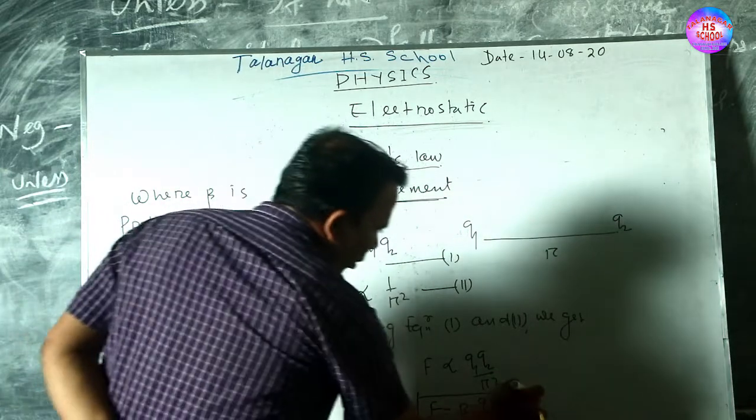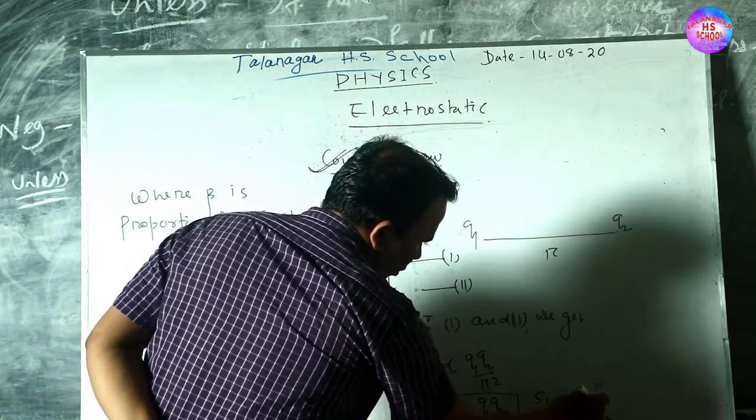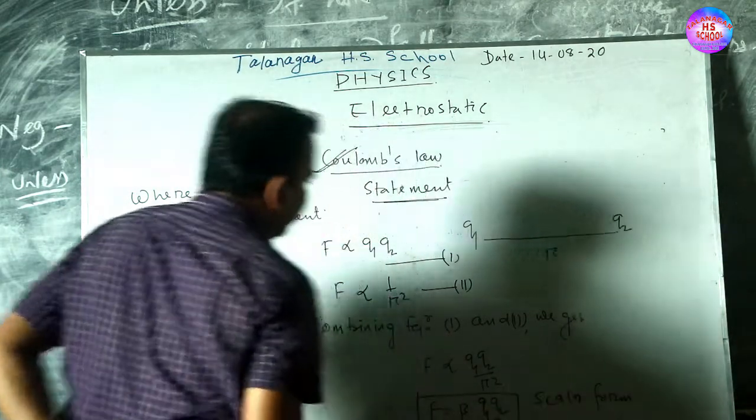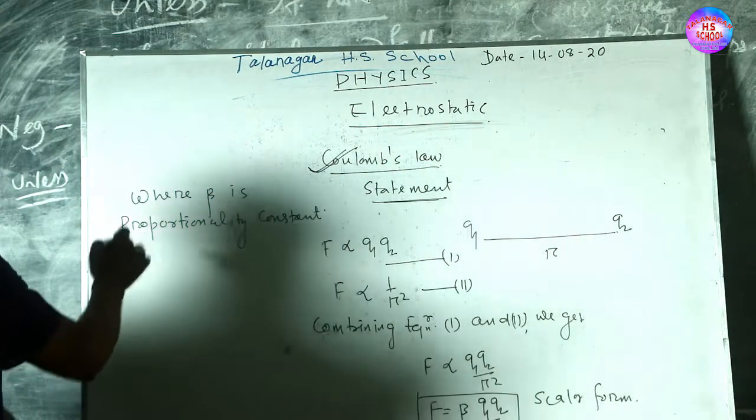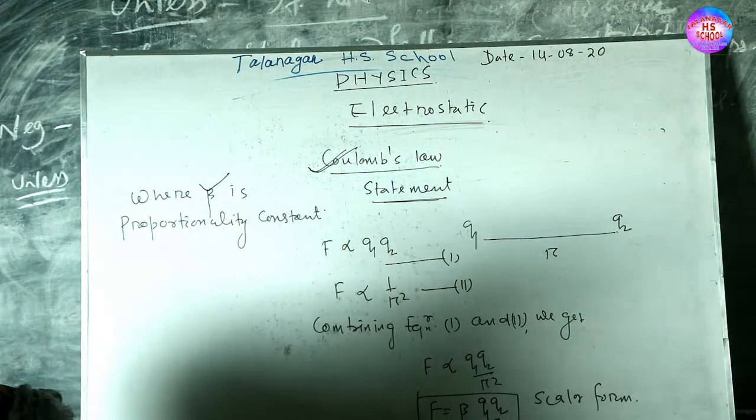This is the scalar form of Coulomb's law. Here beta is the proportionality constant.